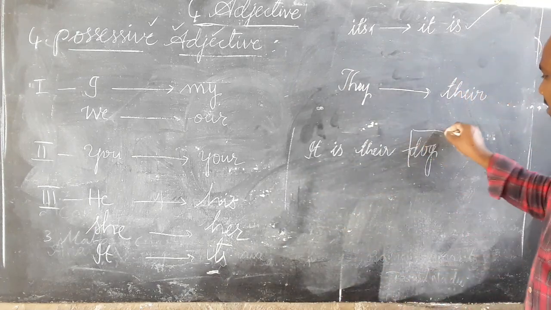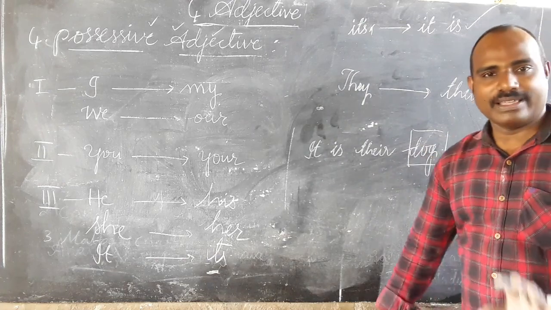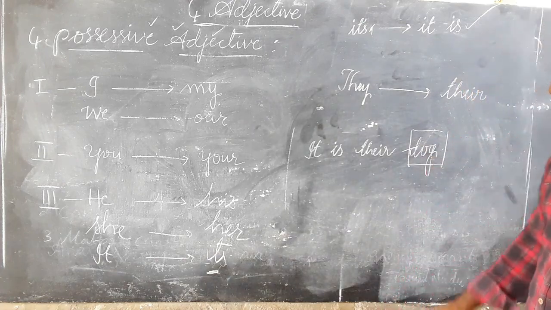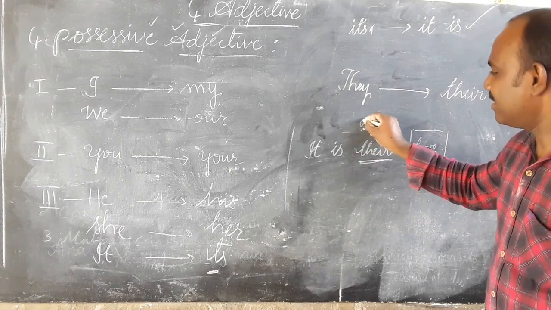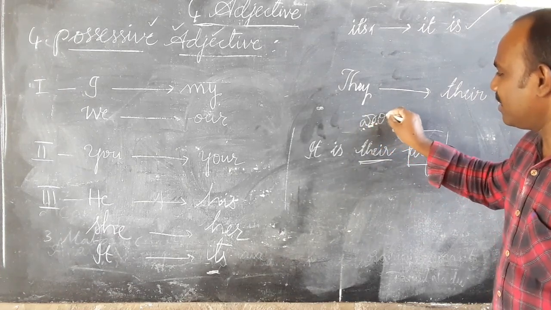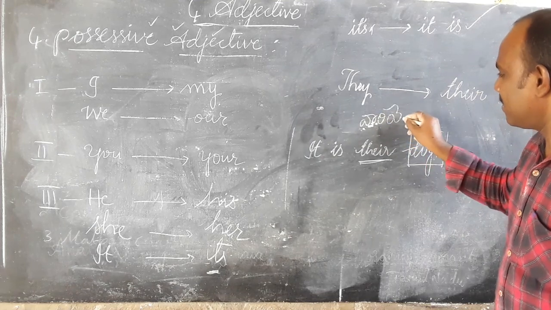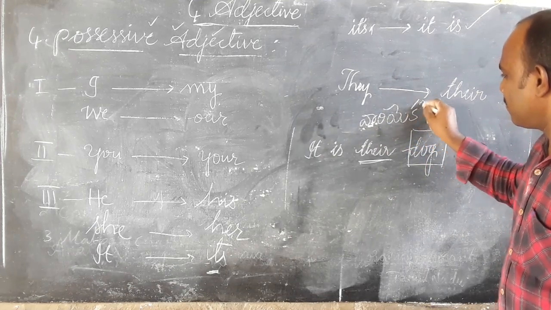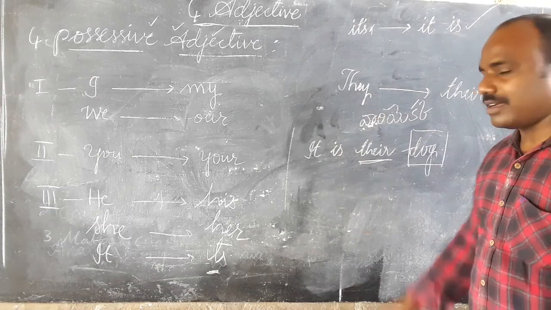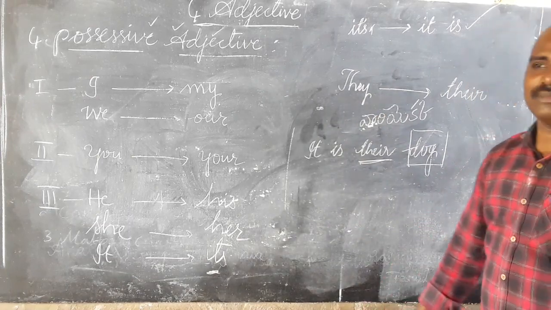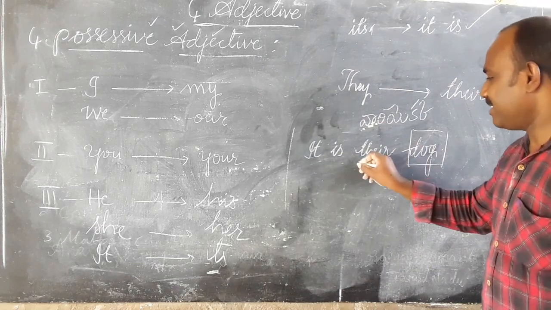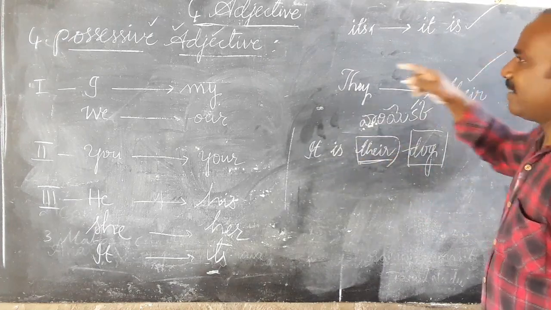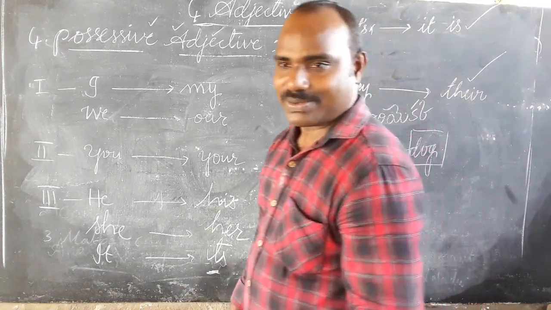See, dog is a noun, common noun. Look at this word, their. Their means here in Telugu, వారి యొక్క, వాళ్ళది. They, possession. Here, there is a possessive adjective.